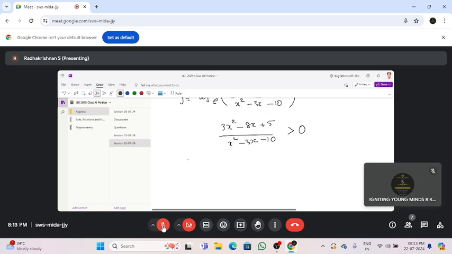I did it. Numerator: x minus 1 times 3x minus 5. Others can do it, factorize it, and factorization is a simple quadratic technique, right? Denominator: x minus 5 into x plus 2.